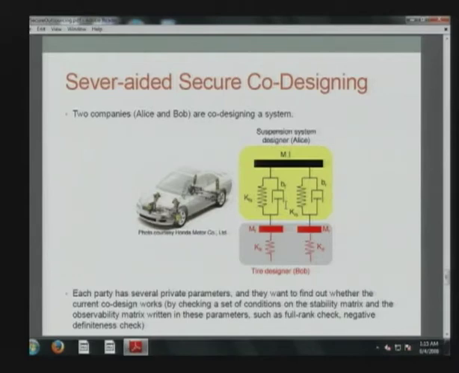We tested some values given by Alice and some values given by Bob, to test whether their system works or not. And this is very fast. According to our experiments, we can do this in about 100 microseconds. So that's our work on the co-designing system.